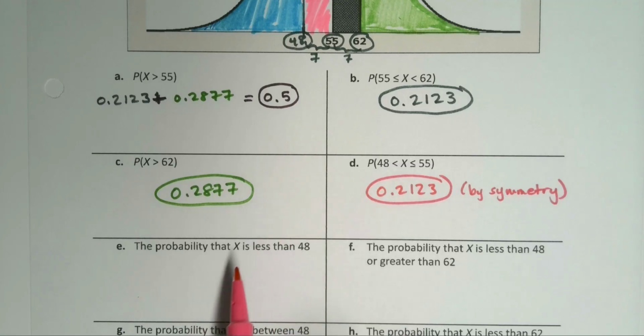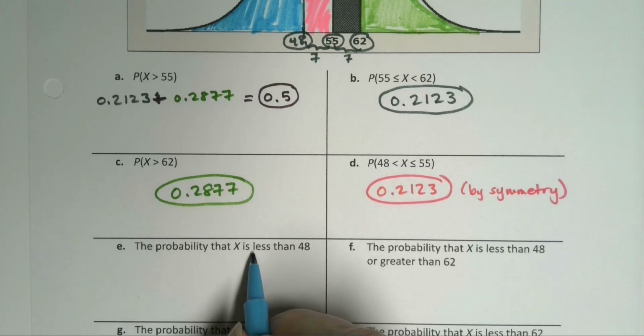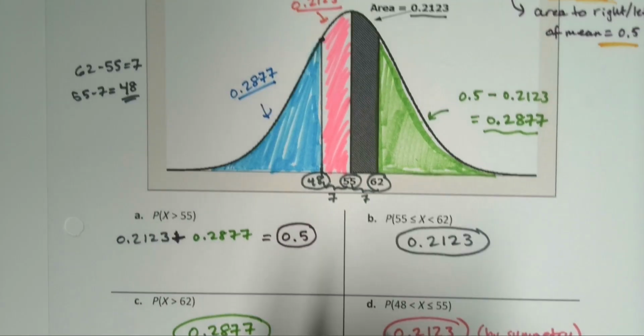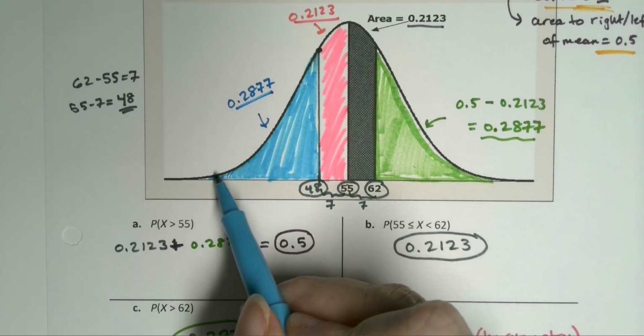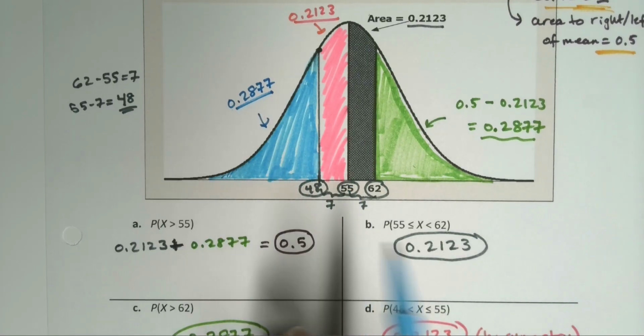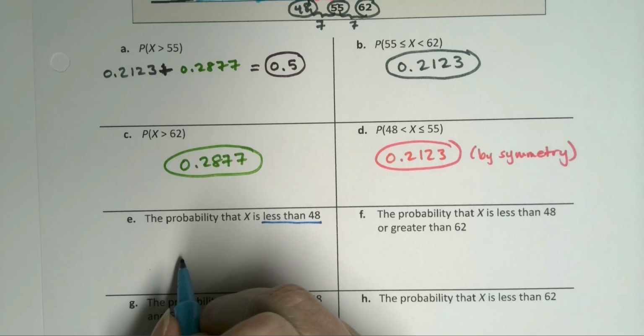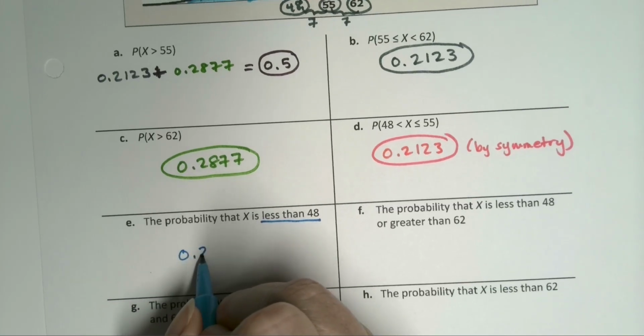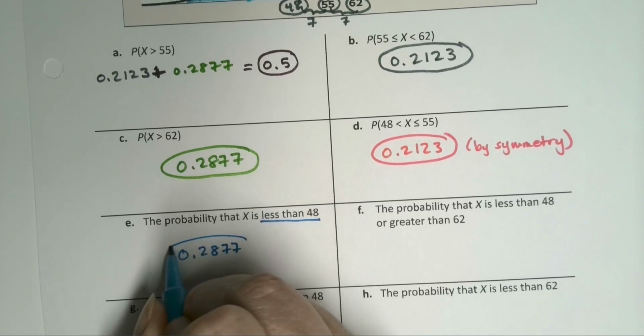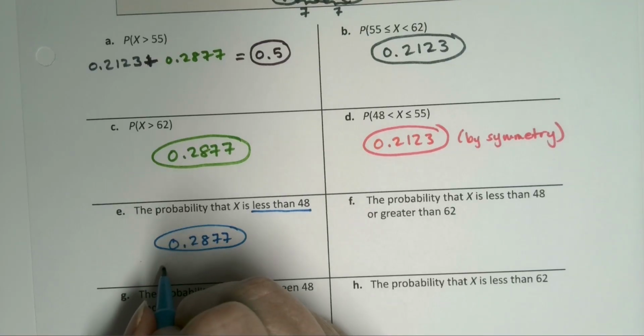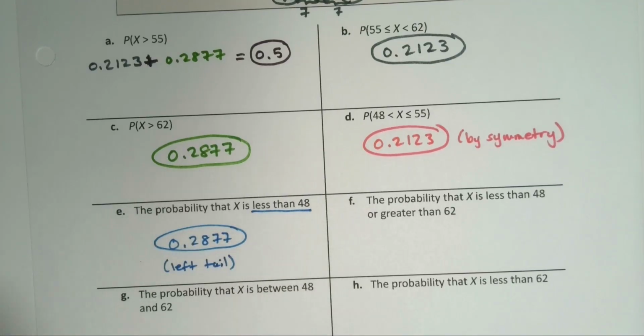All right, what about less than 48? Less than 48, 48's right here. Being less than is to the left. So that would be the left tail, so 0.2877. Right? It's the left tail. And then this piece was the right tail.